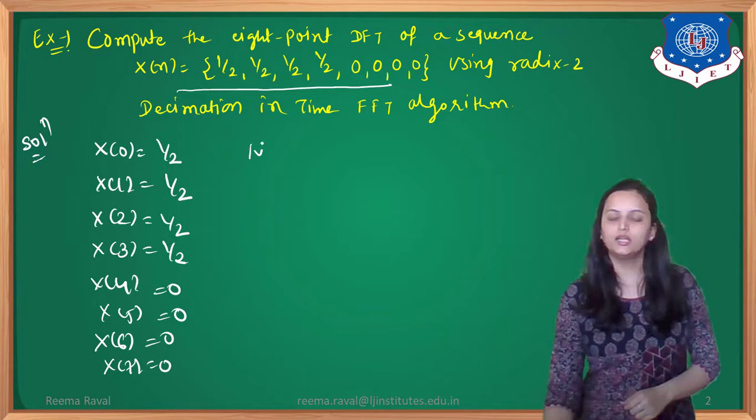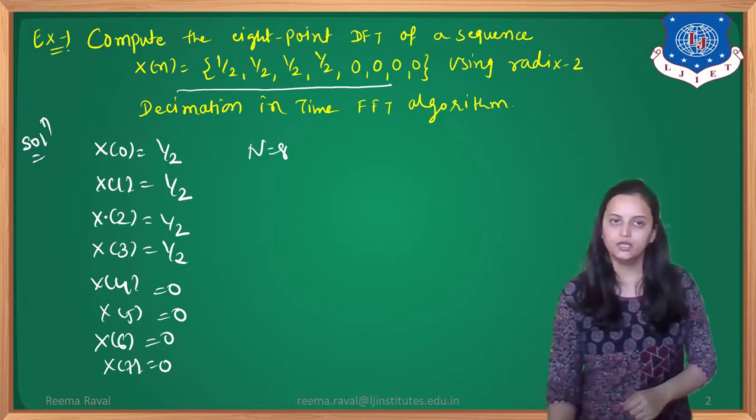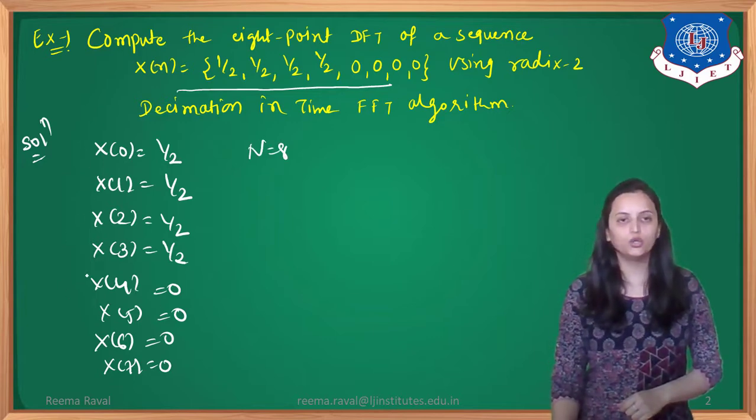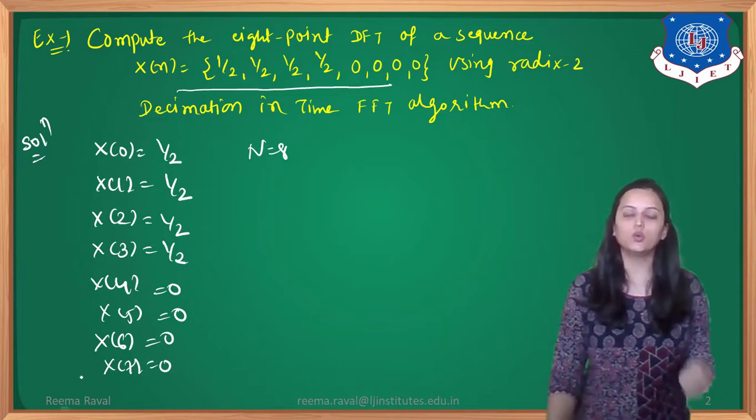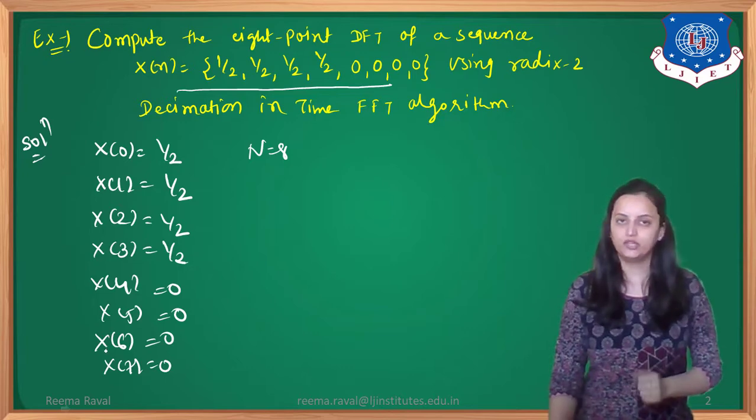So these are the total 8 values given to us. The first 4 values, that is x of 0 to x of 3, are 1 by 2, and the last 4, that is x of 4 to x of 7, are 0.